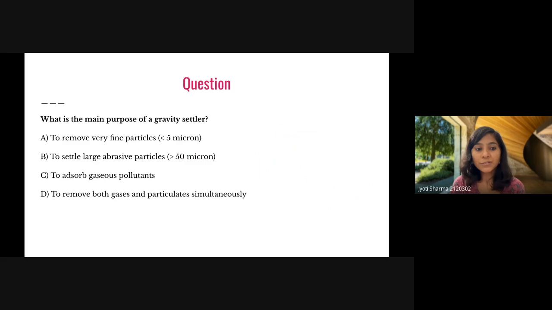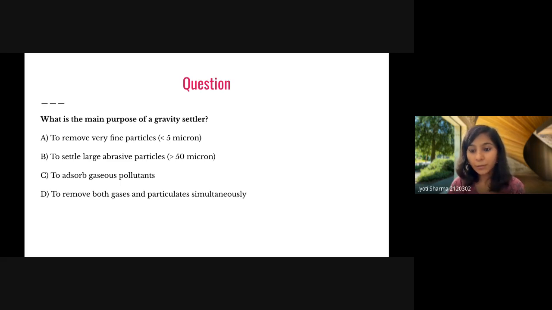We have four options here: to remove very fine particles, to settle large abrasive particles, to adsorb gaseous pollutants, to remove both gas and particulate simultaneously. What do you think? What is the right answer?